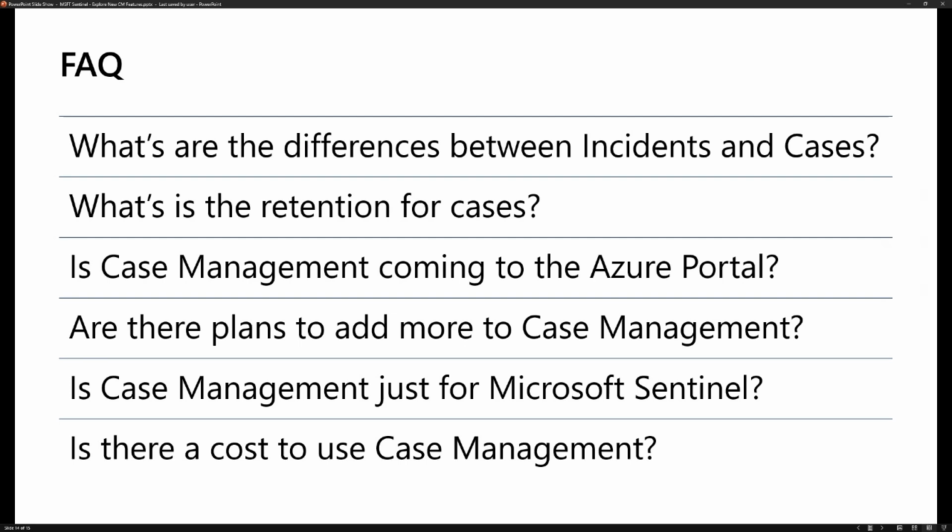Cases can be a bucket for incidents, but that's not how we want to necessarily see it. Whereas incidents are buckets of alerts, malicious activities that need to be investigated. There's no real opportunity for incidents to be beyond just incidents or things that need to be investigated. So that's the distinguishing factor: the flexibility and the potential of cases to be more than just IR. So for those of you who might be wondering what cases could be used for, please keep that in mind.